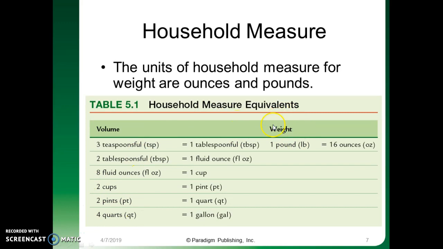And for weight, 1 pound is equal to 16 ounces. So again, you need to memorize this information because not only will you see it in quizzes or the final, but whenever you take the national exam, believe me, there will be questions of conversions between these types of volumes.